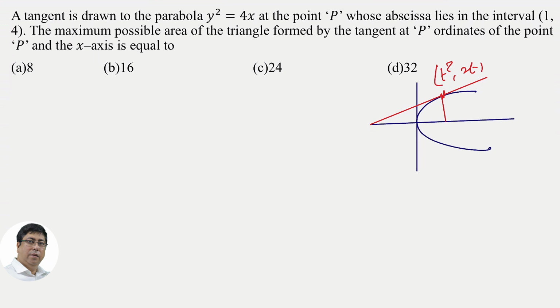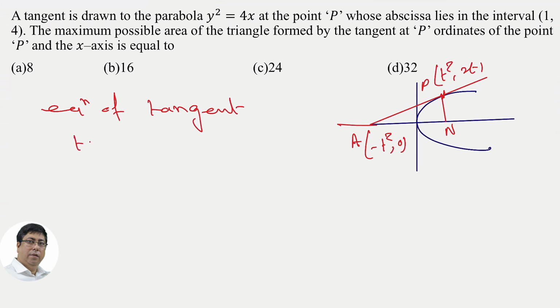If we drop the ordinate, this is N, suppose this is P, and this is A, which is (minus t square, 0). So in this case, the equation of the tangent is ty equal to x plus at square, we can write. So the slope of the tangent is 1 by t.